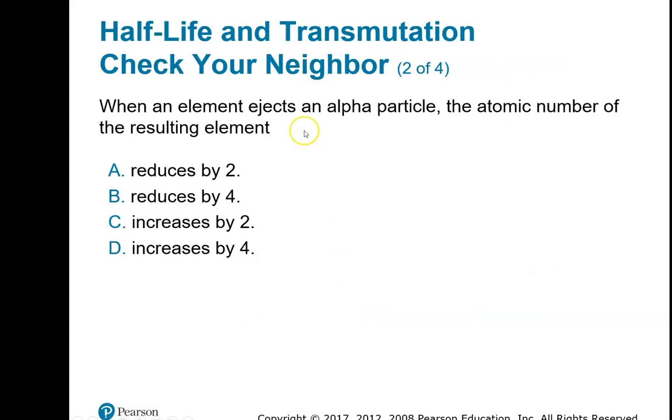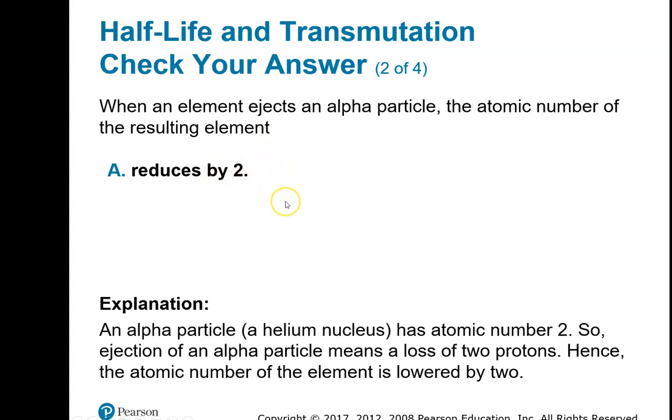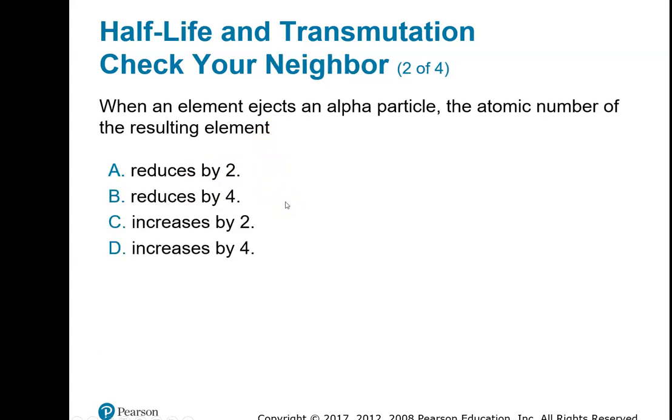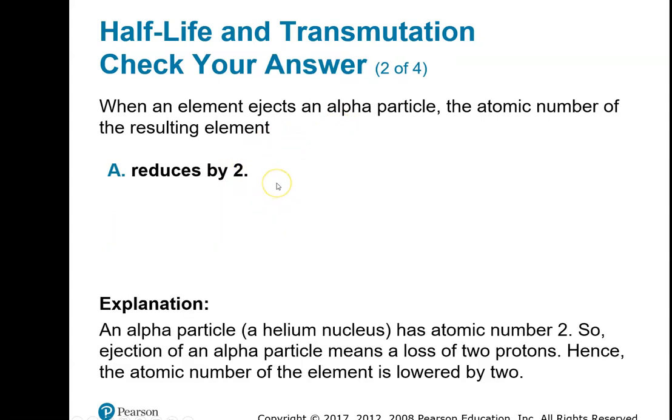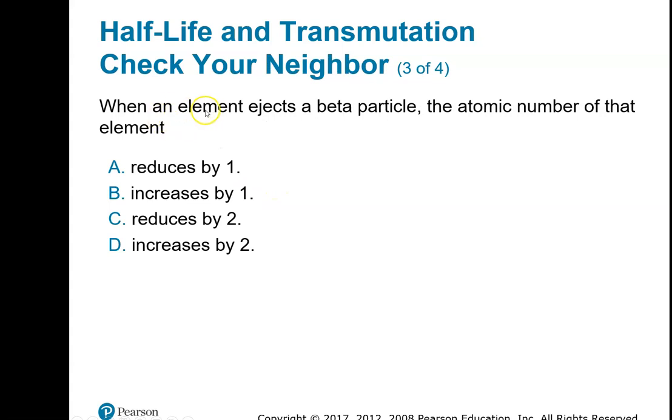All right, so when an element ejects an alpha particle, the resulting atomic number is reduced by 2. Right, so that's if it was a beta decay. The answer isn't here, but it goes up by 1. Maybe that'll be the next one. Yeah, there we go. I already anticipated that. All right, so if it ejects a beta particle, it increases by 1.